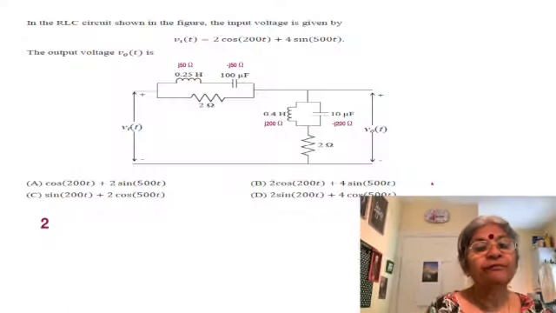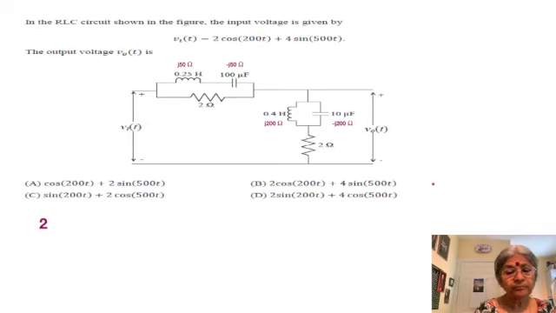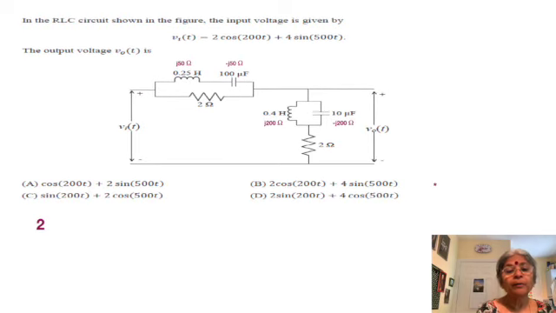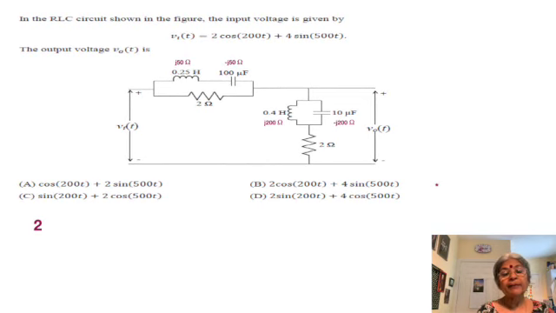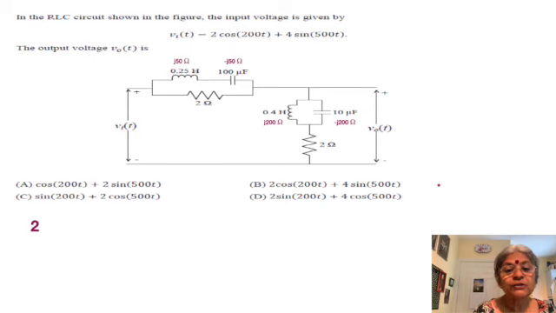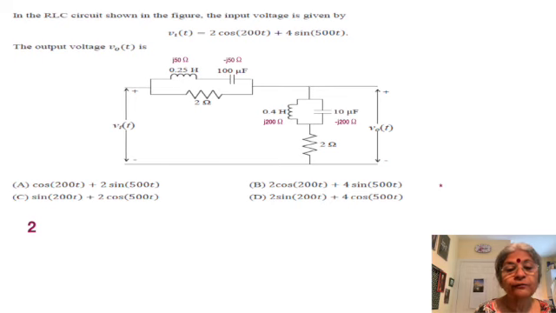Now let's move on to 4 sin 500t being applied, and then let us watch the parallel branch or the shunt branch. In the shunt branch, using omega as 500, we see that 0.4 into omega gives you J200 ohms, and the capacitive reactance gives you 10 raised to 6 divided by 10 into 500, which is another minus J200 ohms.